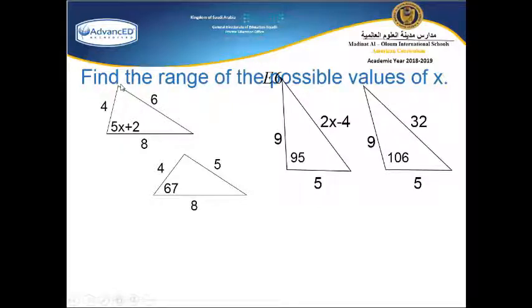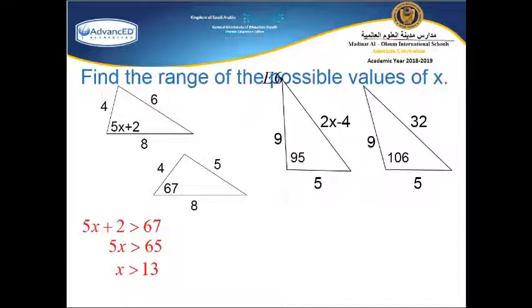Looking at the third side, this side 6 and the other side is 5. Since this side 6 is bigger than the third side 5, then the opposite angle 5x plus 2 is bigger than the opposite angle 67. By solving this inequality, we get 5x more than 65, then x more than 13.